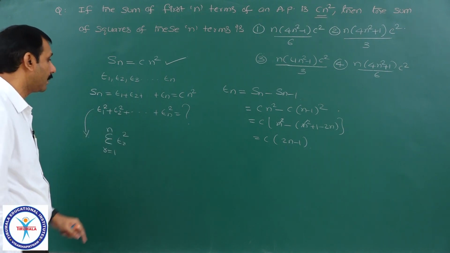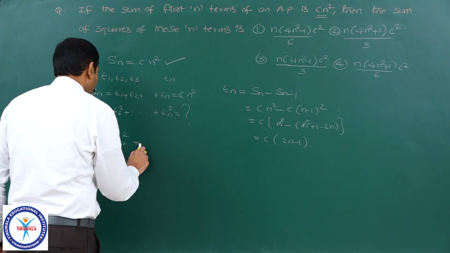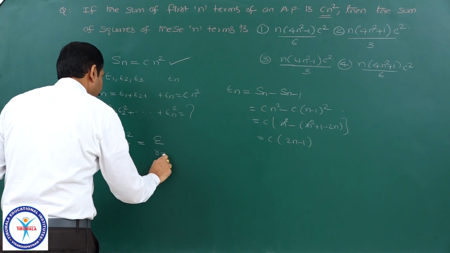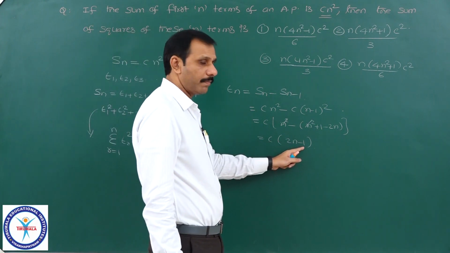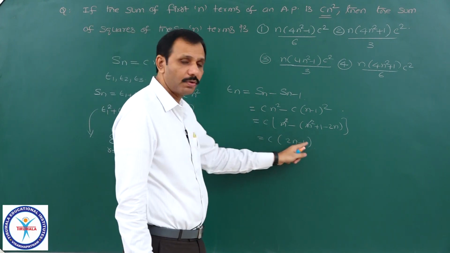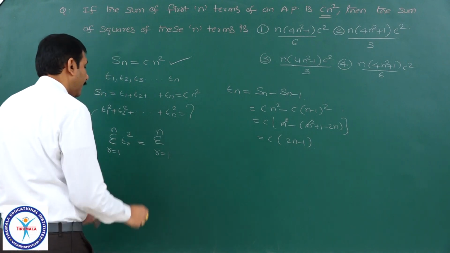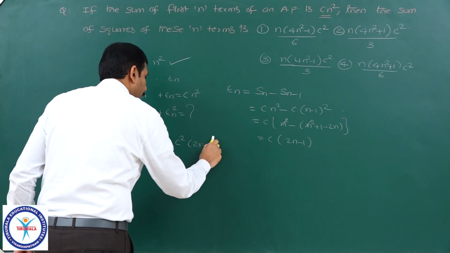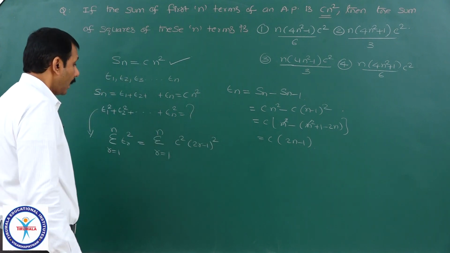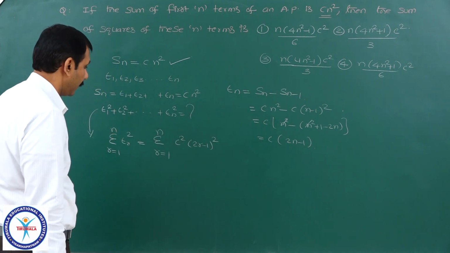Sigma means summation. It is equal to sigma r equal to 1 to n. Tn means c into 2n minus 1, so Tr means c into 2r minus 1. Of course, square of that I want, it is c square into (2r minus 1) whole square. Observe this simplification carefully.